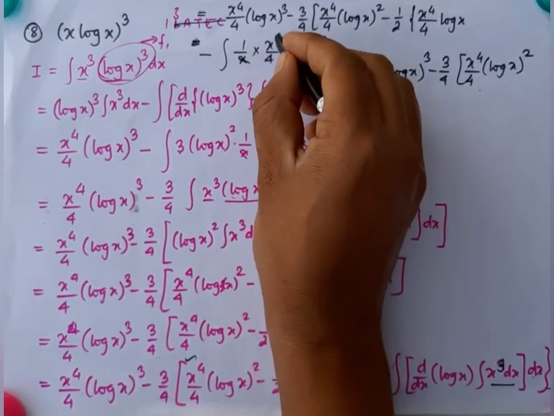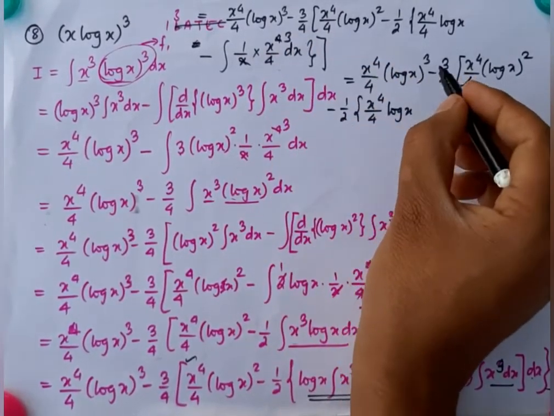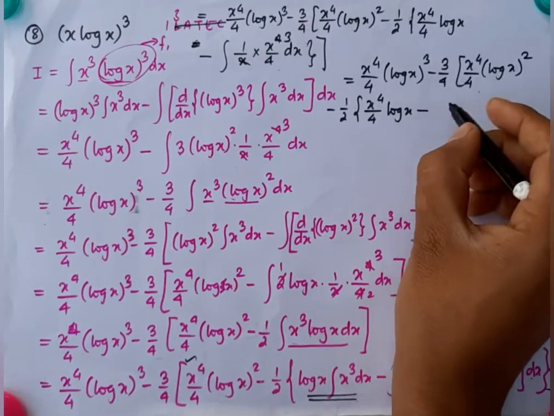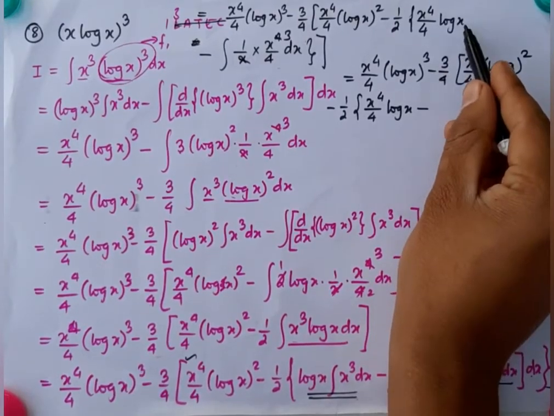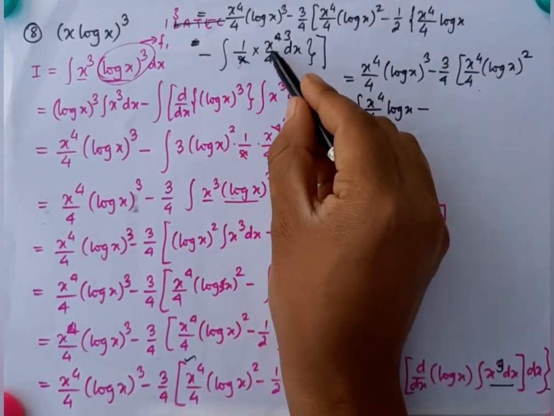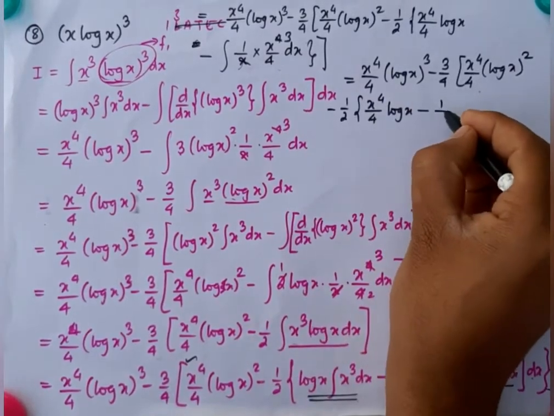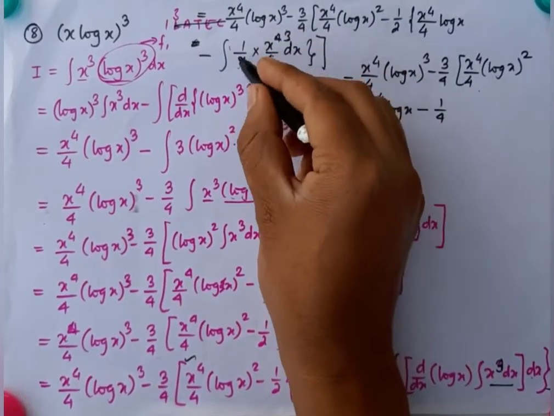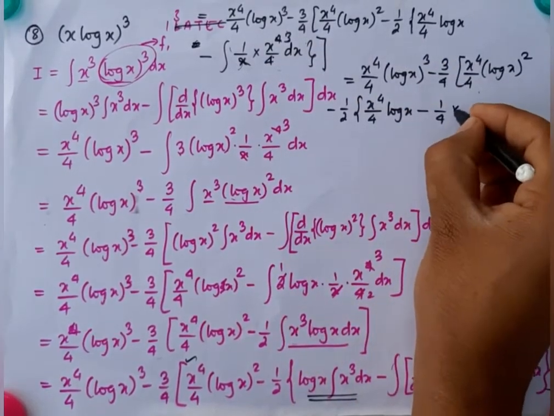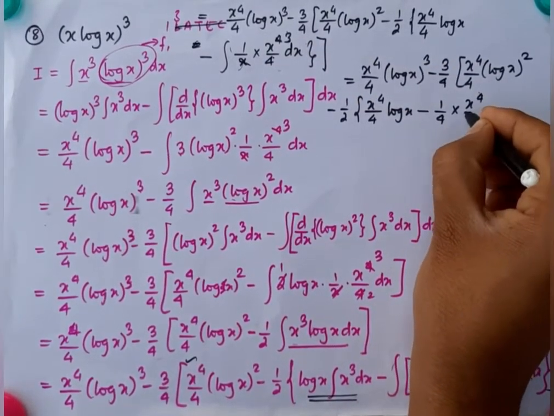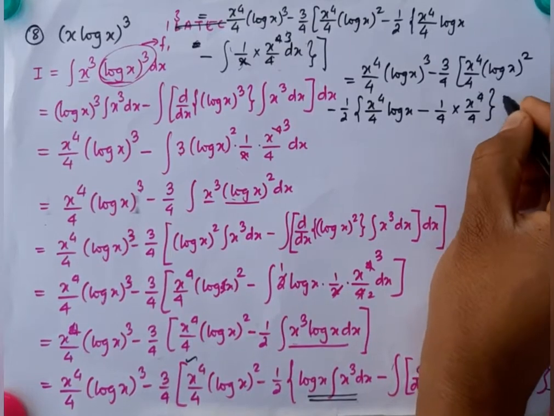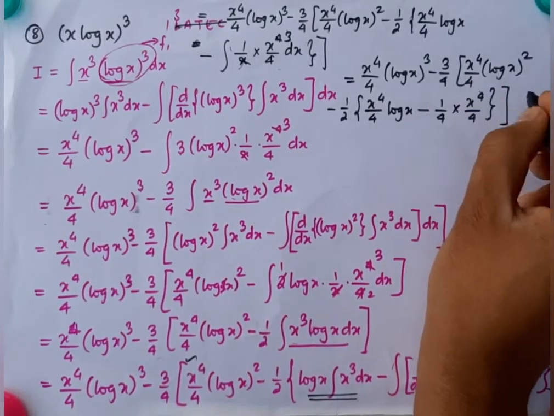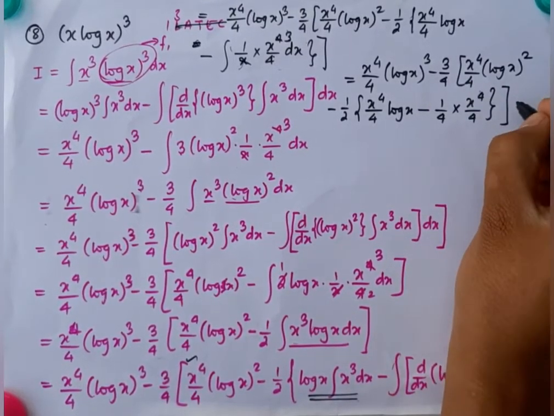You clearly see that this and this get cancelled, isn't it? So you have minus, 1 by 4 is kept outside, so you have integral of x cube, and how much is that? That is x to the power 4 by 4. So are we done with the integral here? Yes, we are done with the integral.